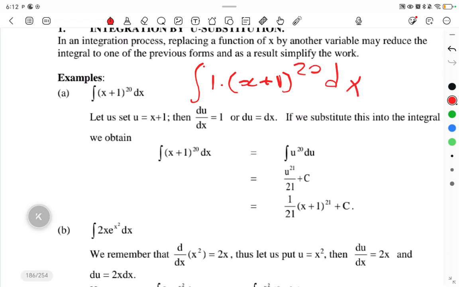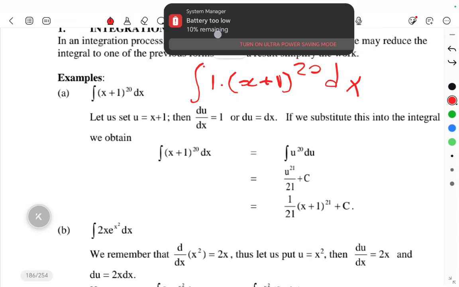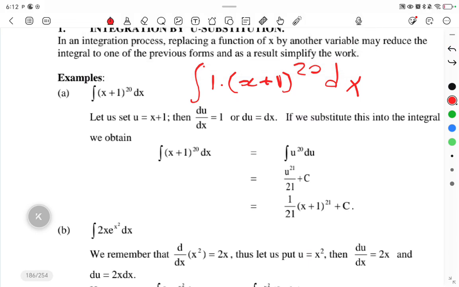For u substitution, you're always gonna have two functions. For those two functions, you're going to look at the one that is difficult to derive. Between 1 and this one, this is the one which is difficult to derive. We agree, right? So we are going to let u be equal to the inside, or the exponent, of whatever is difficult to derive.